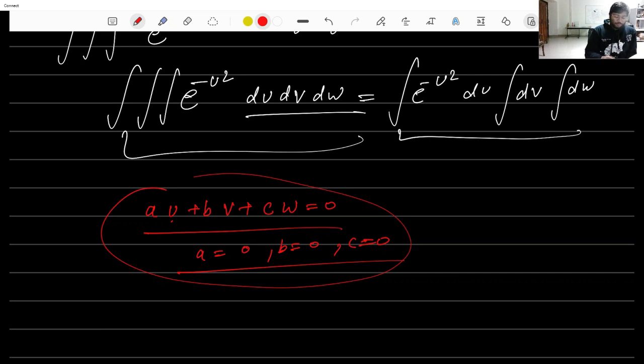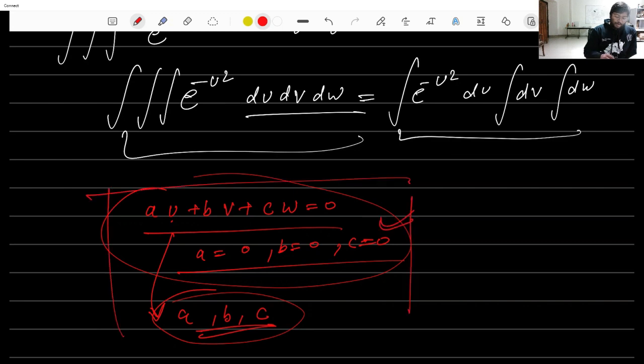Suppose u, v, w are not independent coordinates, then one, two or all three of a, b and c may not be 0. But if u, v, w are independent coordinates, then all of a, b and c are 0. This is a mathematical thing, I may derive it in the next video because this video will become lengthy, so I won't derive it.